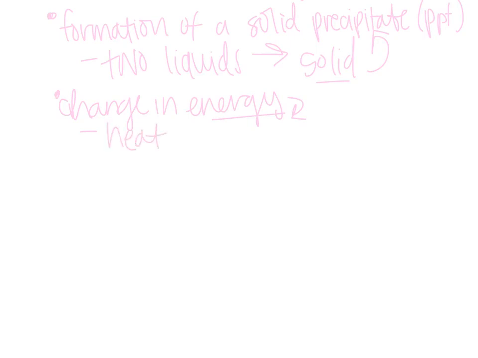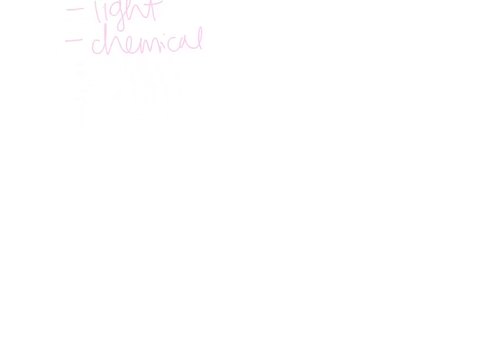So if there is an emission of heat or a lack of heat in the reaction, if there is light energy, and if there's some type of chemical energy. Okay, so if we witness any of those, that is evidence of a chemical reaction, a reaction between two chemicals that formed a new chemical.